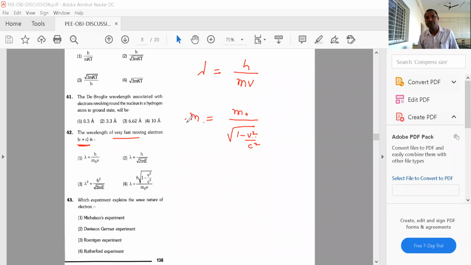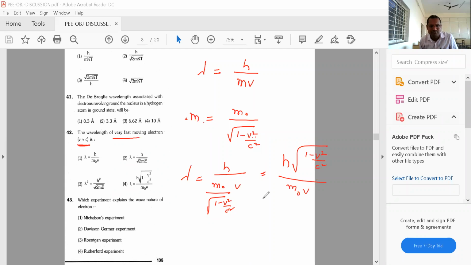Substituting, lambda is equal to h upon m naught by root of 1 minus v square by c square, into v. This total value goes to the numerator, so it becomes h into root of 1 minus v square by c square upon m naught v.